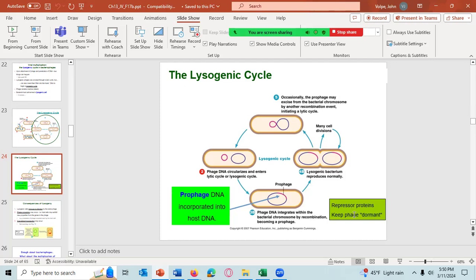It keeps the lytic life cycle genes dormant, not expressed. And that can go on for many generations. And then the lysogenic life cycle ends when the prophage is excised from the chromosome, and then the lytic life cycle will begin.